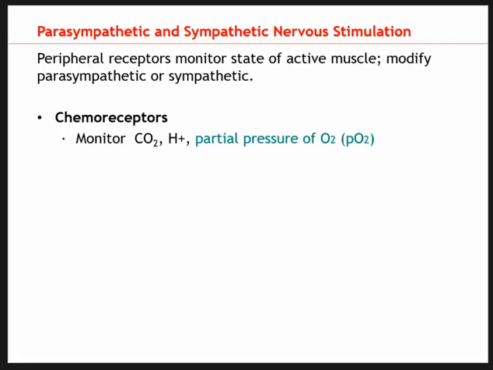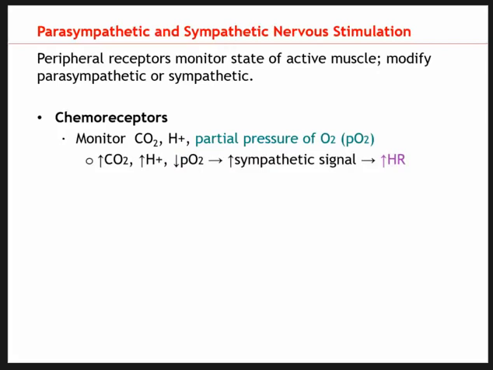H+, hydrogen ions, are also detected as a chemical. And then partial pressure of oxygen, or PO2. We'll discuss more about that in chapter 7, but all that means is a low level of oxygen or a high level of CO2.